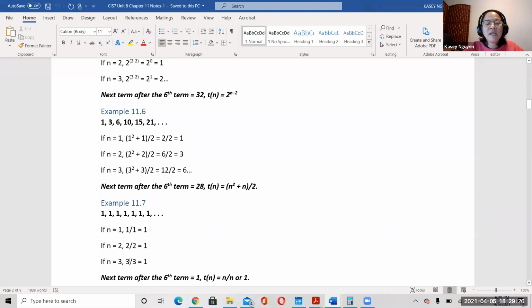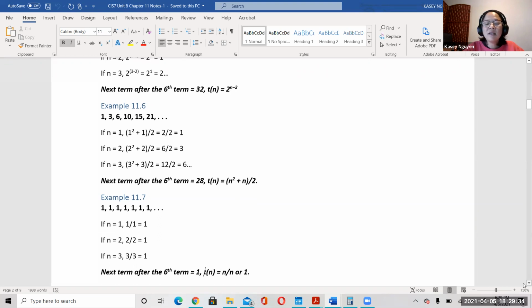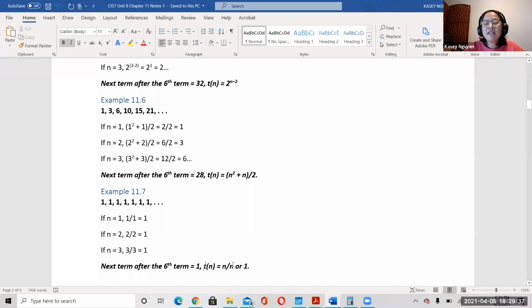N is equal to 3, 3 divided by 3 gives us 1, and so on. So we conclude that T of n is n divided by n, or 1. A sequence, unlike a set, can have repetition of a value. It's just in a different position.